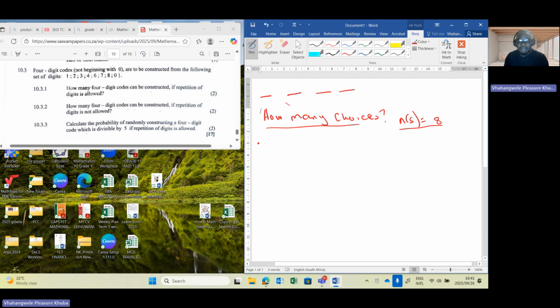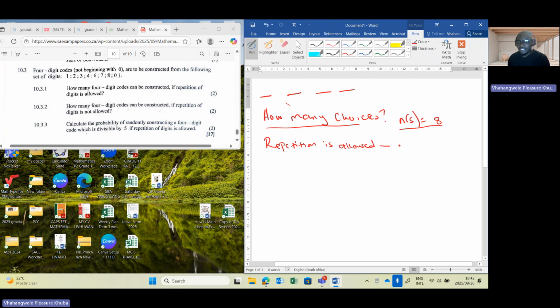The question says, how many 4-digit codes can be constructed if repetition of the digit is allowed? What do we mean by repetition? When repetition is allowed, what do we know?